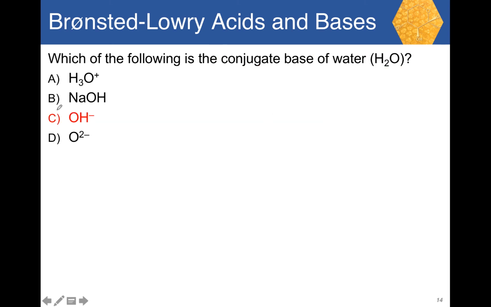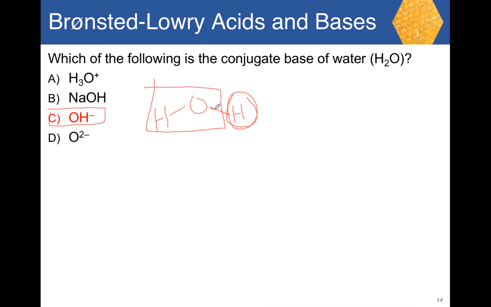The answer, of course, as you might have guessed, is OH minus, because the acid here is H2O, and to get the conjugate base, we simply remove this hydrogen, which means that what's left behind is OH negative, OH with its electrons, which is that.